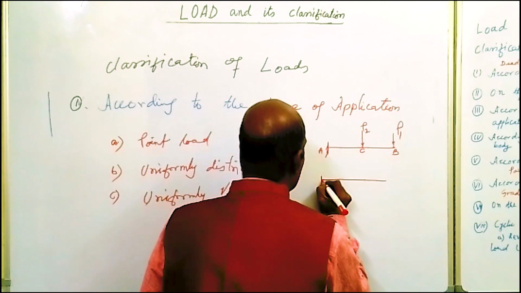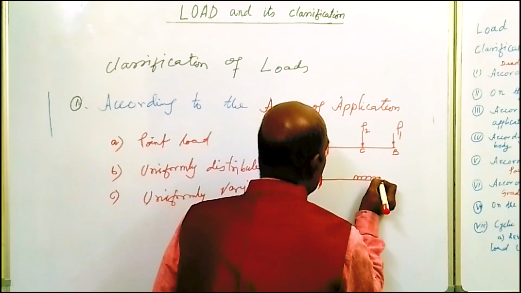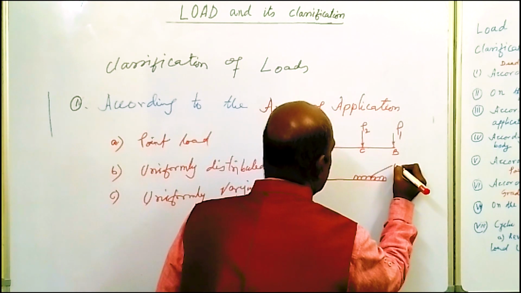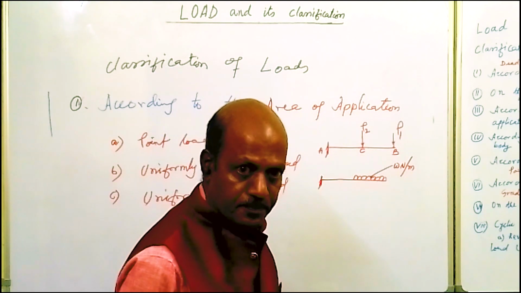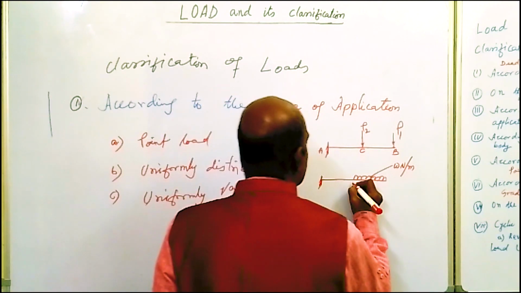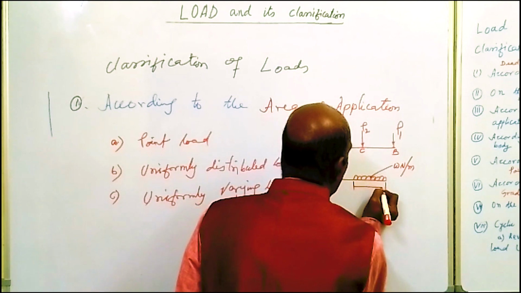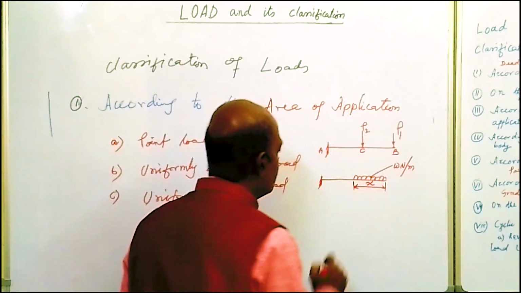Say this is a cantilever beam over which the load is acting like this. It is given by W Newton per meter length, and say the load is acting for a length of x meter from the free end.